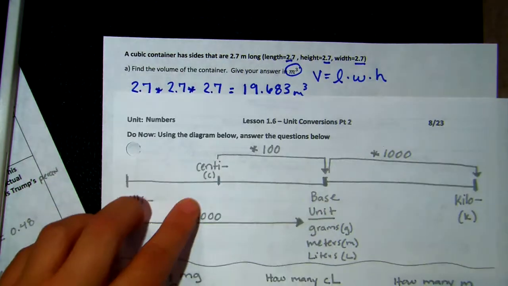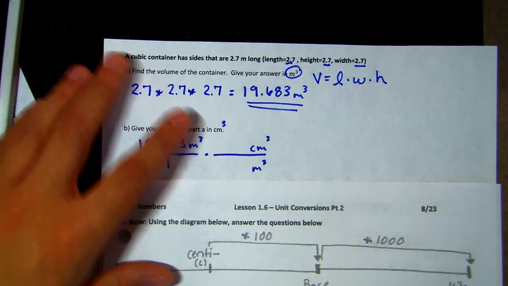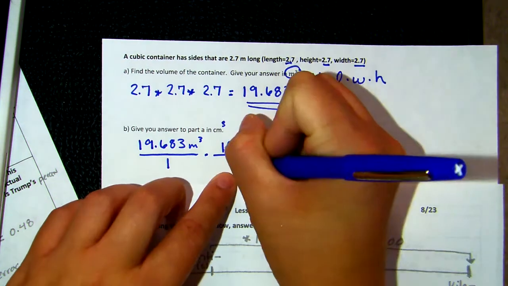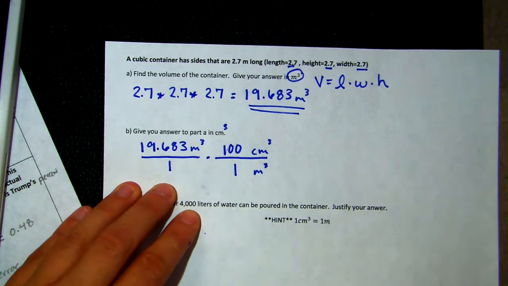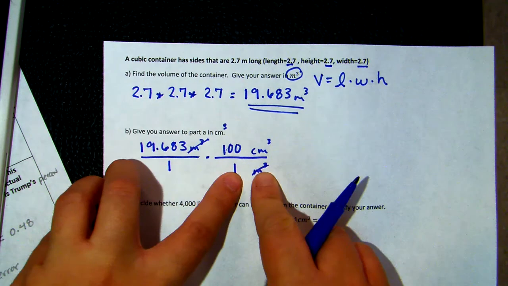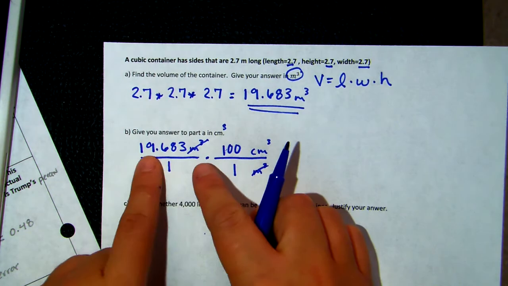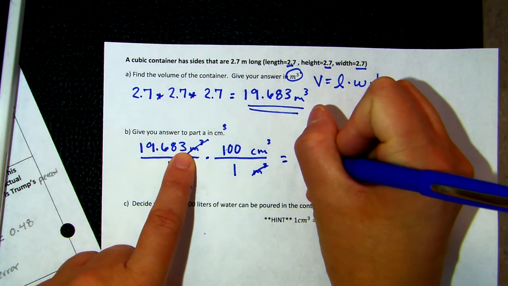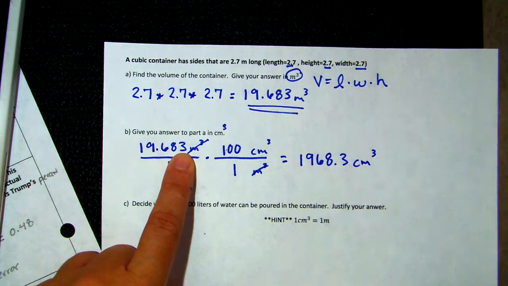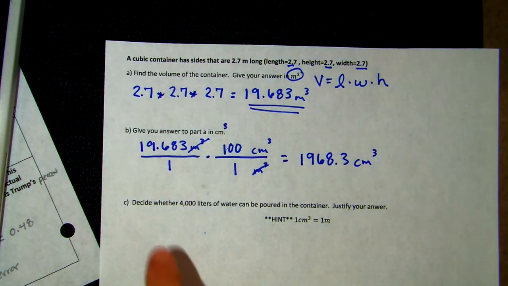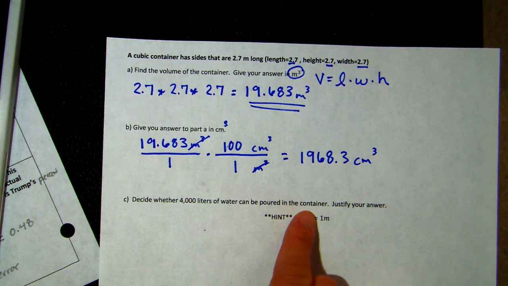So I'm going to look at my chart again, and I'm going to see that there are 100 centimeters in 1 meter. So from there, I've gotten to my centimeters cubed. I can cancel out the top and the bottom with that meters cubed, and I'm just going to multiply straight across. 19.683 times 100 gives me 1,968.3 centimeters cubed.